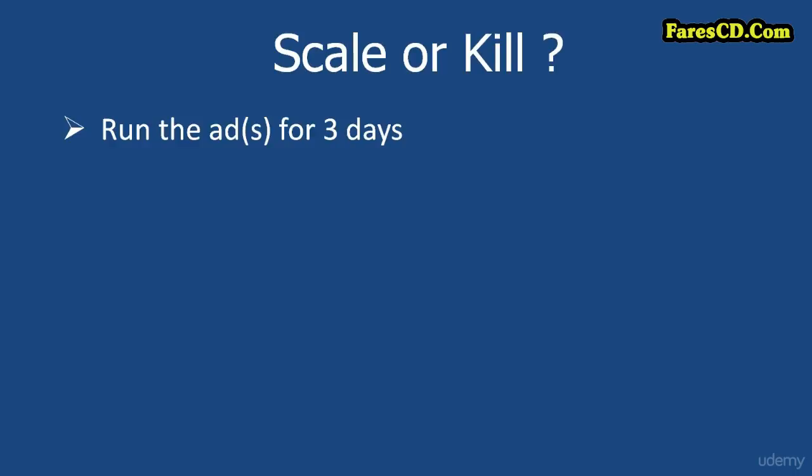Now, why 3 days? Well, it actually takes the Facebook algorithm a little bit of time, 24 hours, 48 hours, I don't know exactly, but it takes a little bit of time for it to actually start serving your ads up to the right people at a good cost. It's just how their algorithm works. I feel they do a kind of scatter approach at the beginning, obviously based on the targeting that you've done.